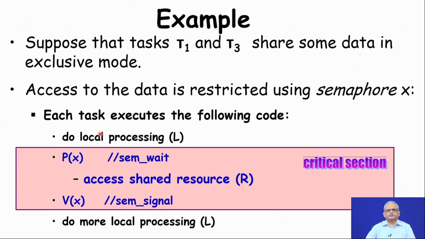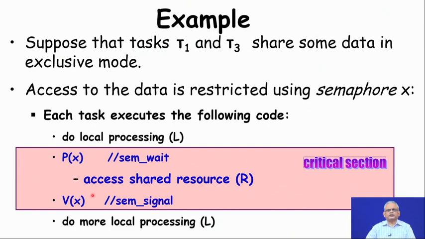They have some part of the program where they do some processing without using the resource, but then when they want to use the resource, because it is a non preemptible resource, before they start to use the resource, they invoke Px, which is basically wait for semaphore, and after getting access to the semaphore, they start executing the shared resource.